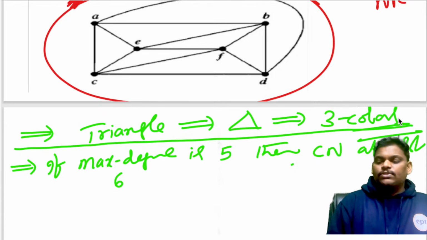At most 6. I am not saying exactly 6. At most 6.